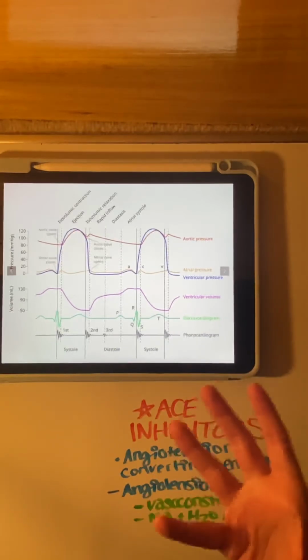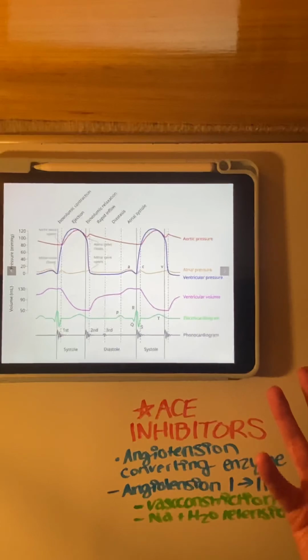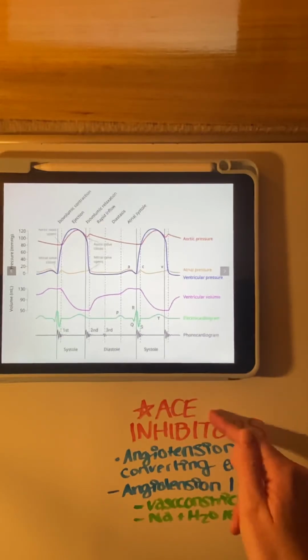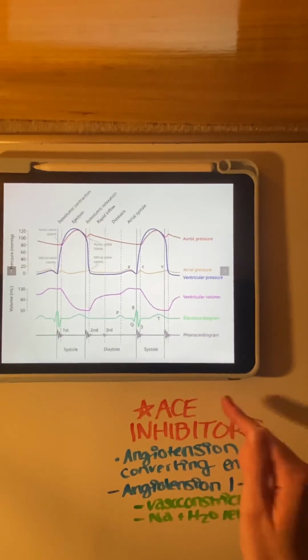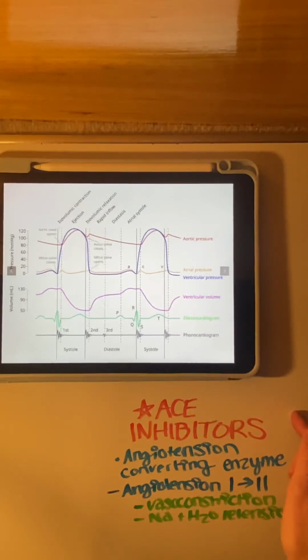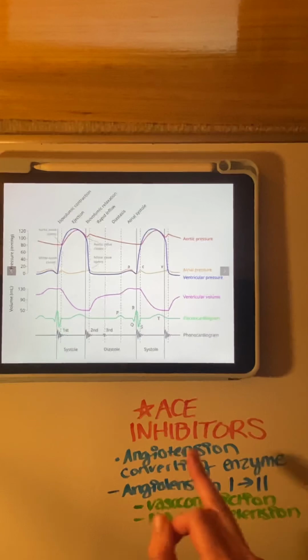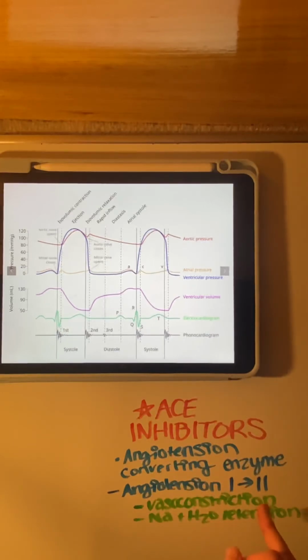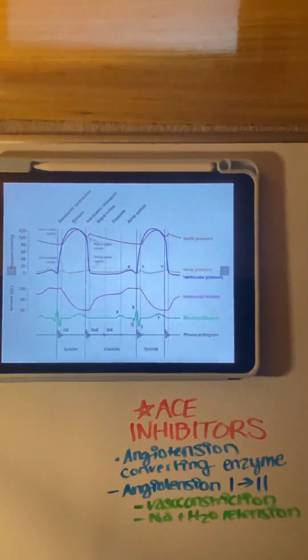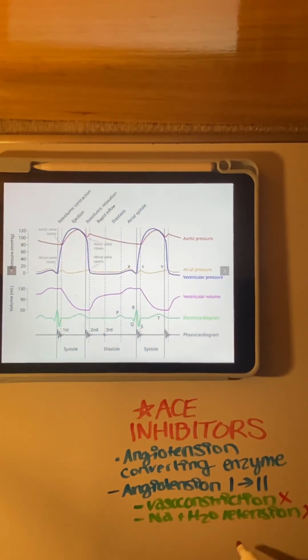So for people that have atherosclerosis, a treatment for them is ACE inhibitors. And ACE inhibitors, what they do is they basically just block angiotensin 1 from converting into angiotensin 2. So we don't get this vasoconstriction, and we don't get this sodium and water retention.